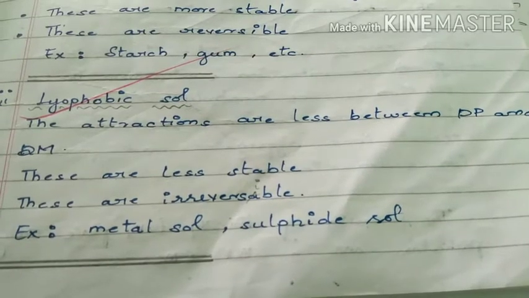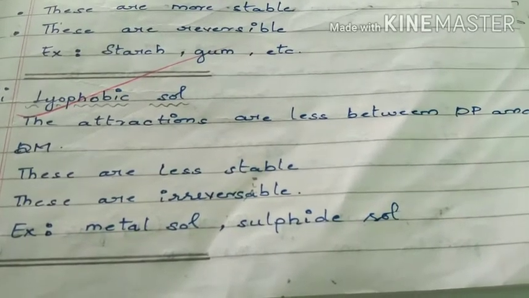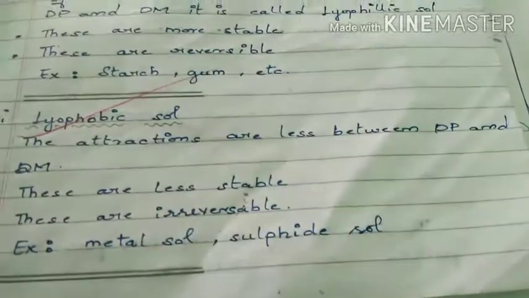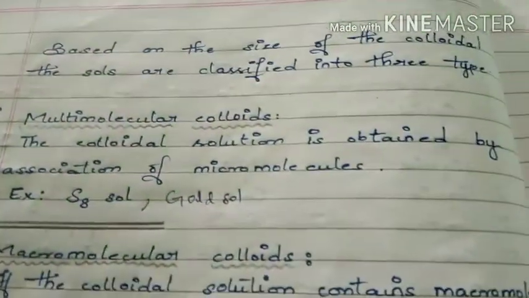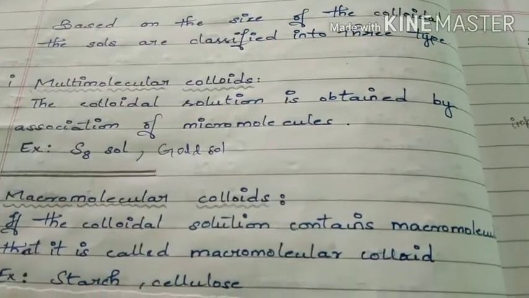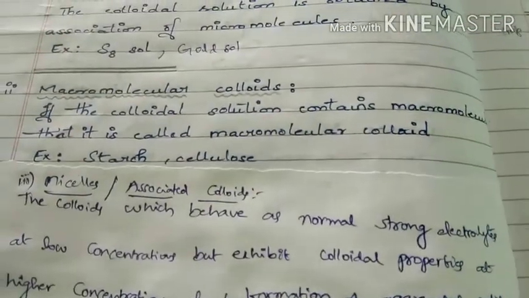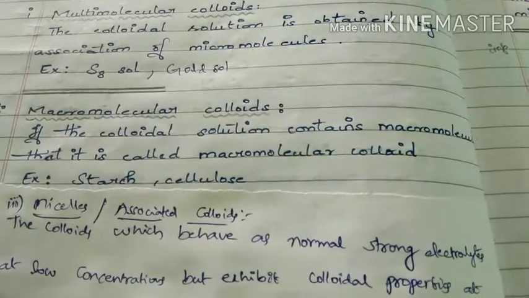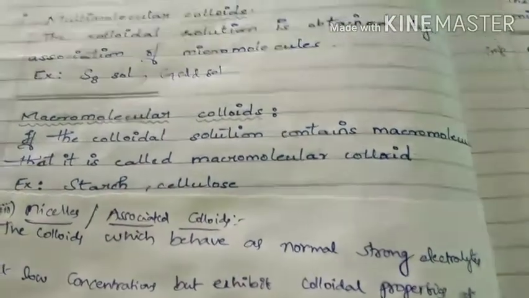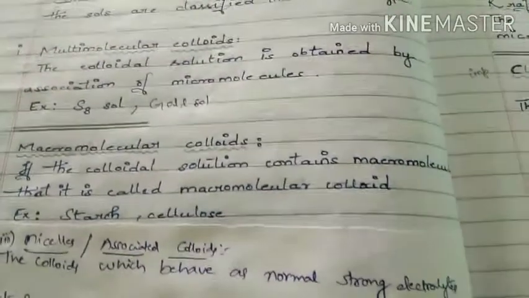Based on size of colloidal particles. They are multimolecular colloids, macromolecular colloids, and the last one, micelles. Micelles are also called associated colloids. Now we discuss everything.